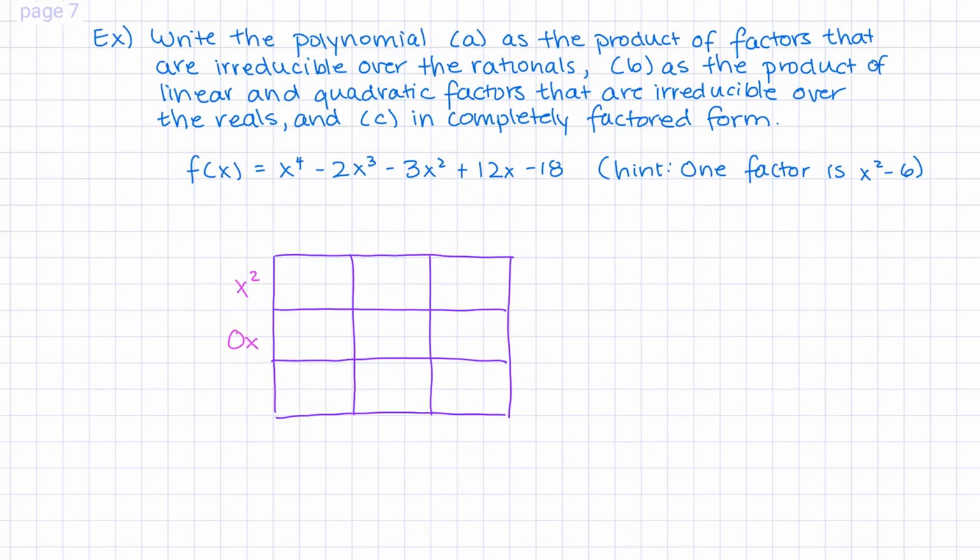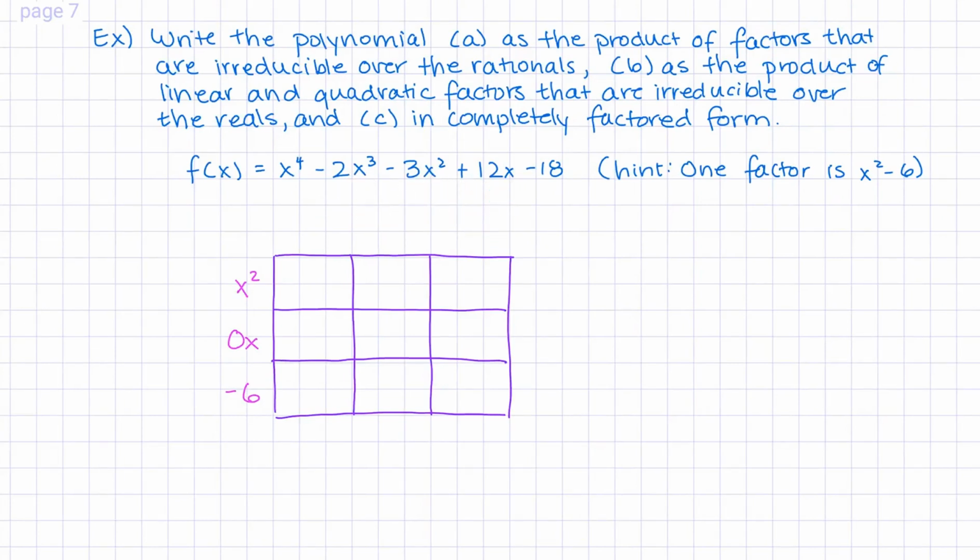I do need a placeholder because I'm missing the x term. Remember, if it's a 2nd degree polynomial, there's 3 terms. So my quotient I know is going to be 2nd degree. 4th degree divided by 2nd degree is 2nd degree. So I need 3 terms for that 2nd degree quotient.